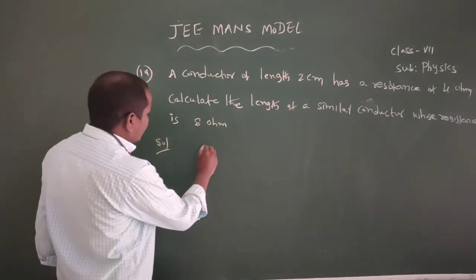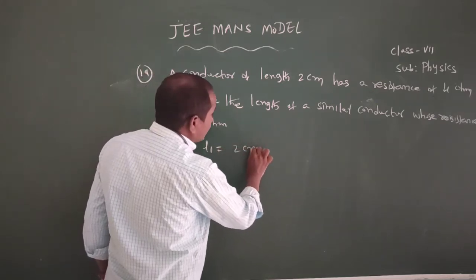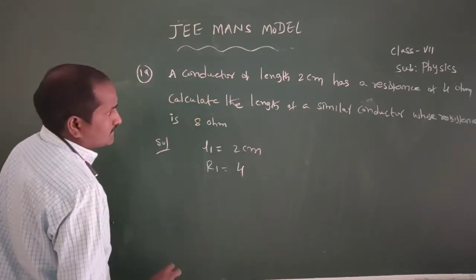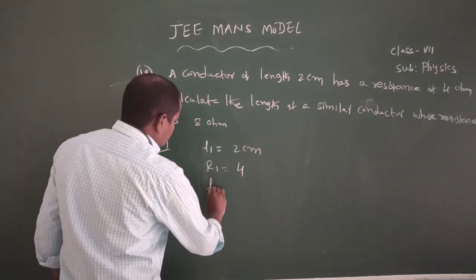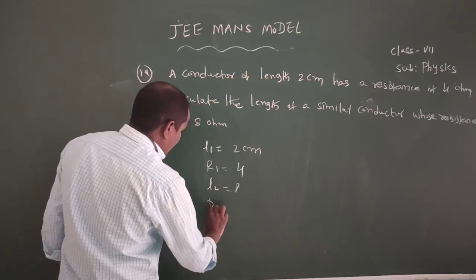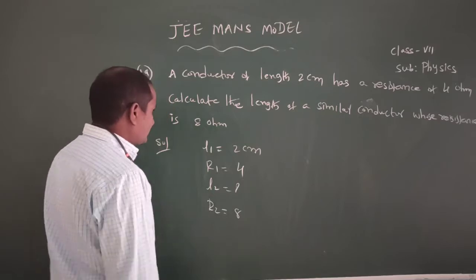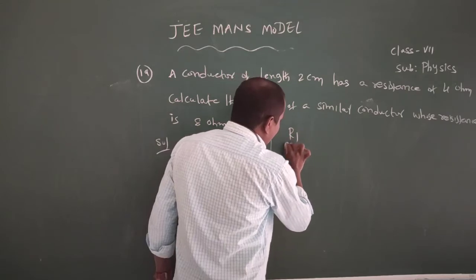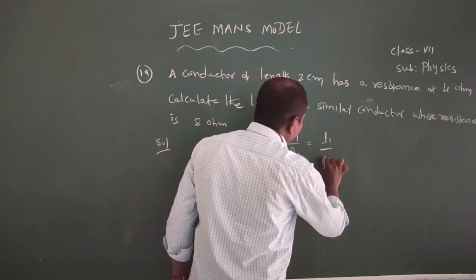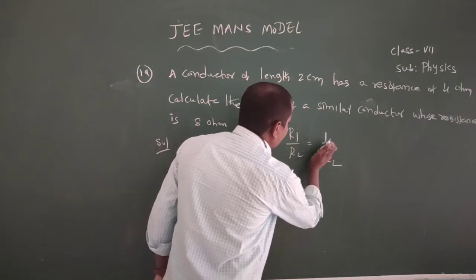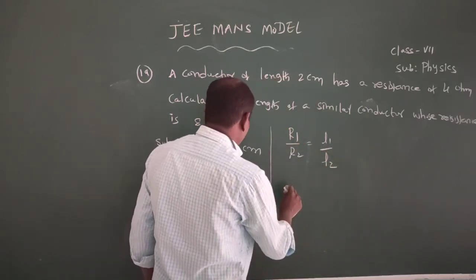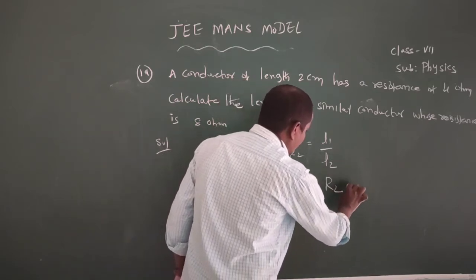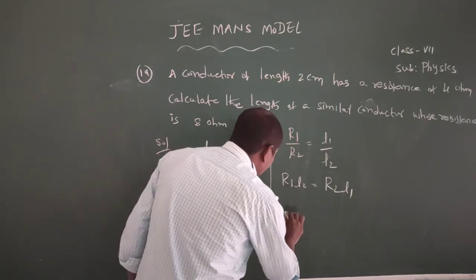So L1 is given, L1 equals 2 centimeters and R1 equals 4 ohms. Next L2 equals question mark and R2 is given, that equals 8 ohm. From laws of resistance we know that R1 by R2 is equal to L1 by L2. So we can write R1 into L2 equals R2 into L1. Our aim is to find the L2 value.